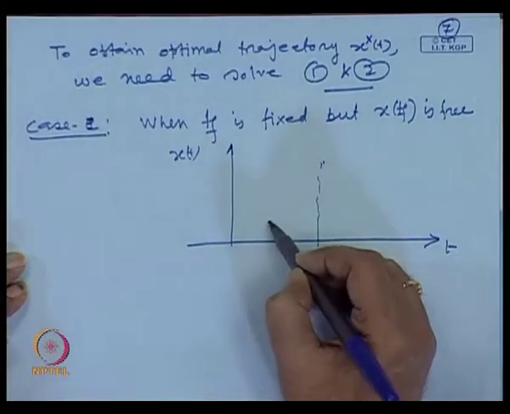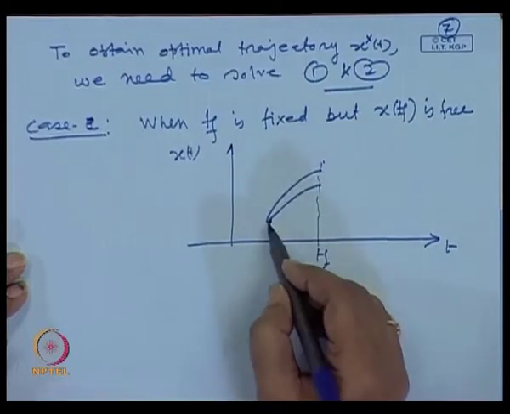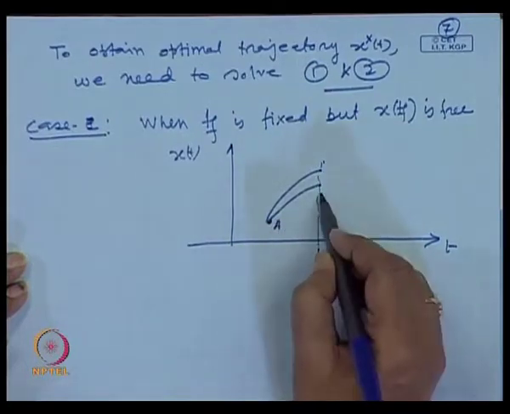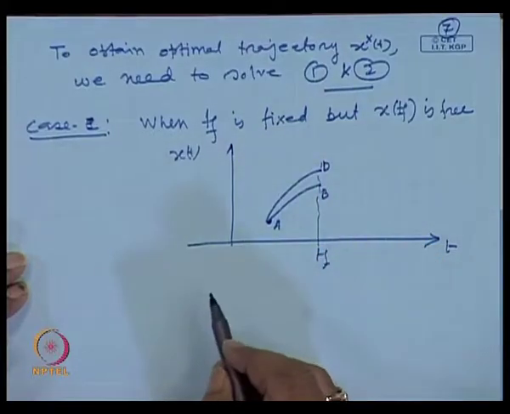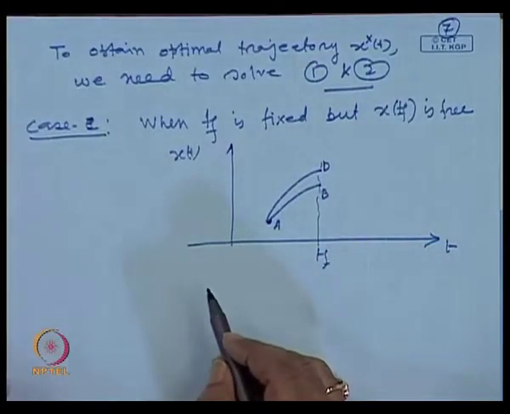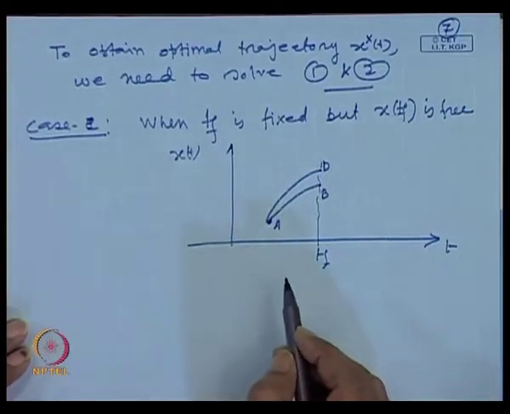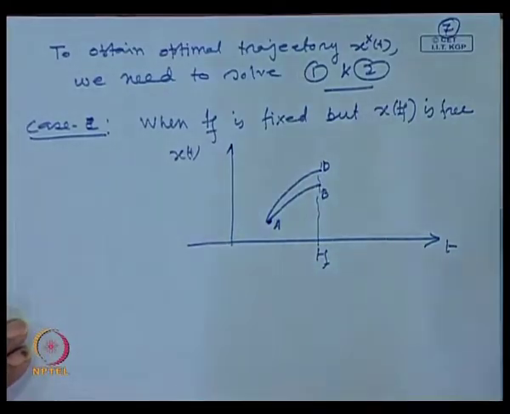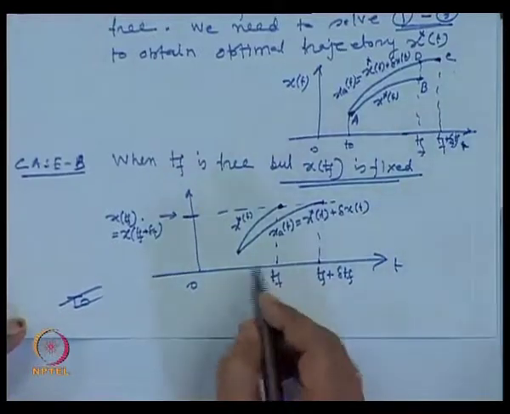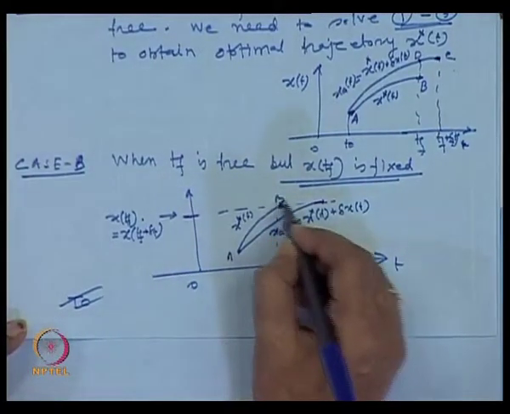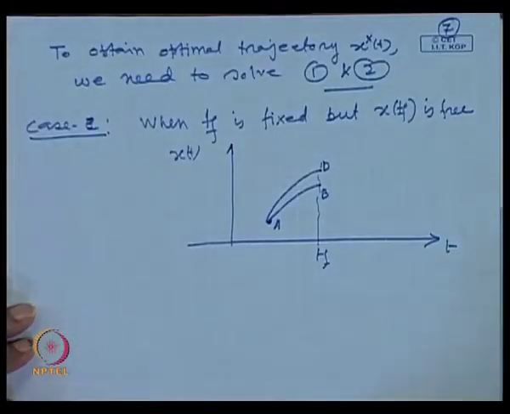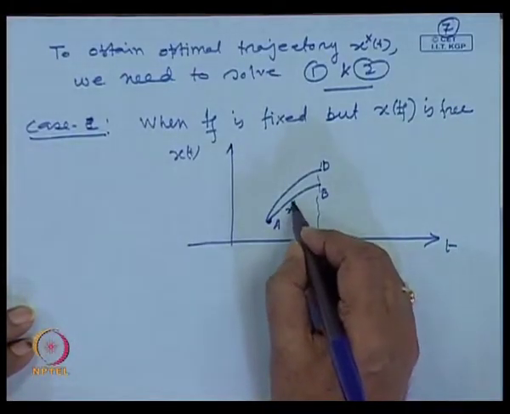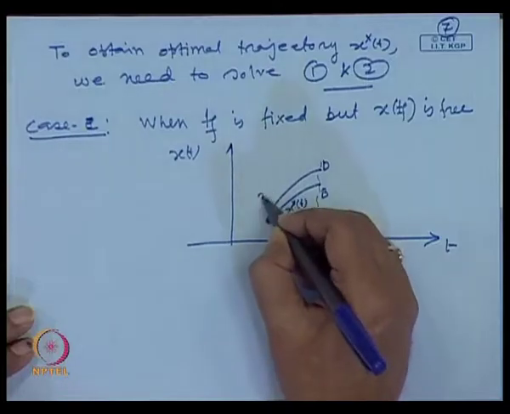Here we name the points A, B and D. Again, this is x star of t, and this is the neighboring trajectory.